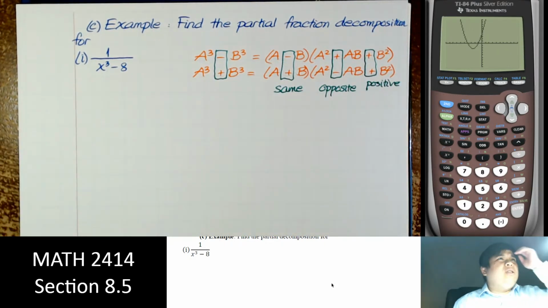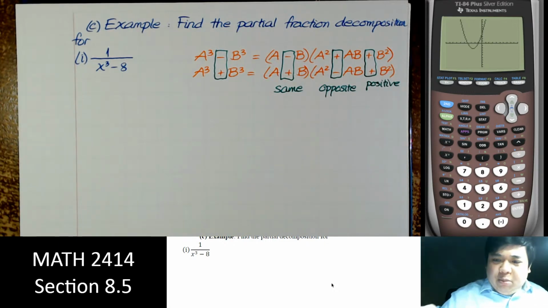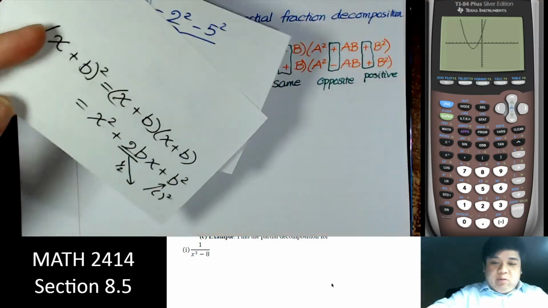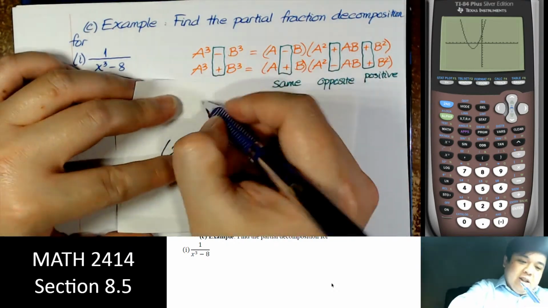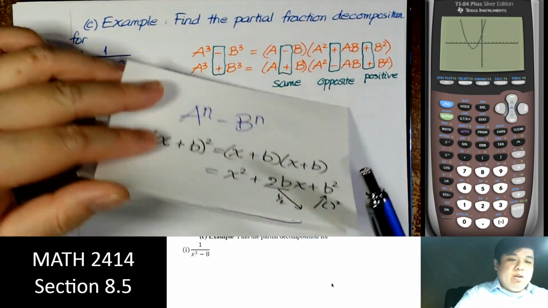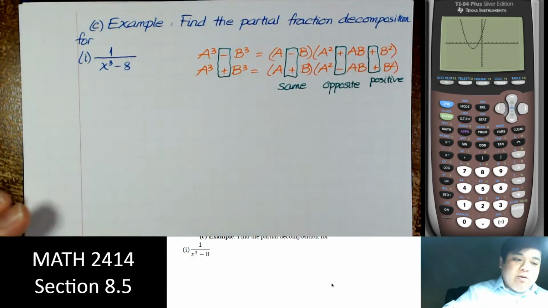When we go to chapter 10 or 11, I don't remember, we will get there. Actually, chapter 10. When we go to chapter 10, we will do the formula for even more complicated cases, like a to the n minus b to the n in general. So we don't have to memorize this little thing. Right, so factor like that.